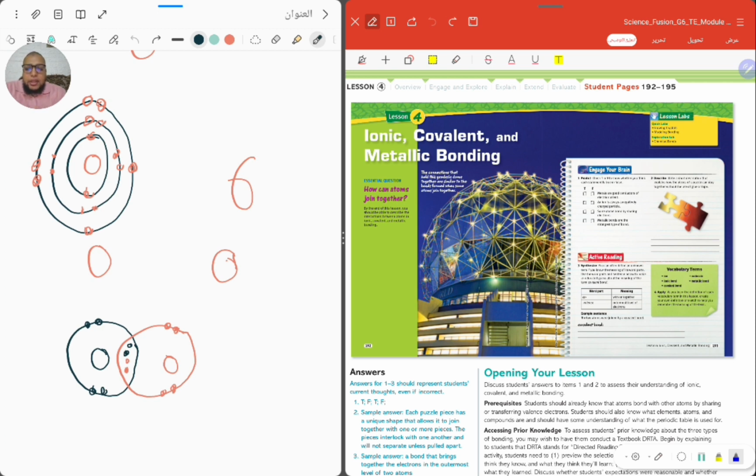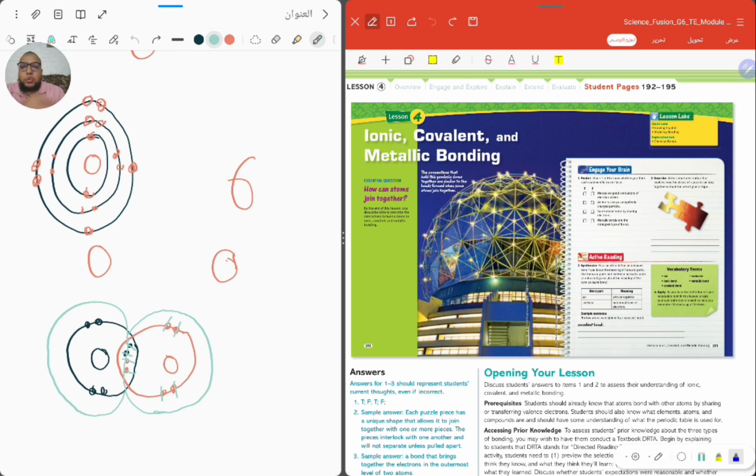Okay, what will happen? These 4 electrons will move around this atom first. So now if we count 1, 2, 3, 4, 5, 6, 7, 8, now it will be stable, and after a while they go and move around the other atom to make what, guys? To make an infinity sign.